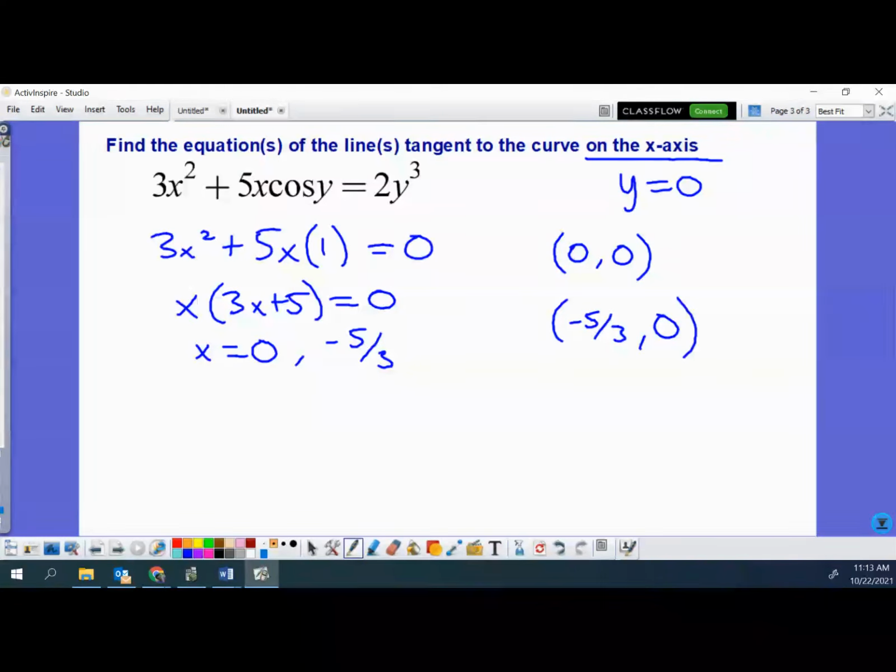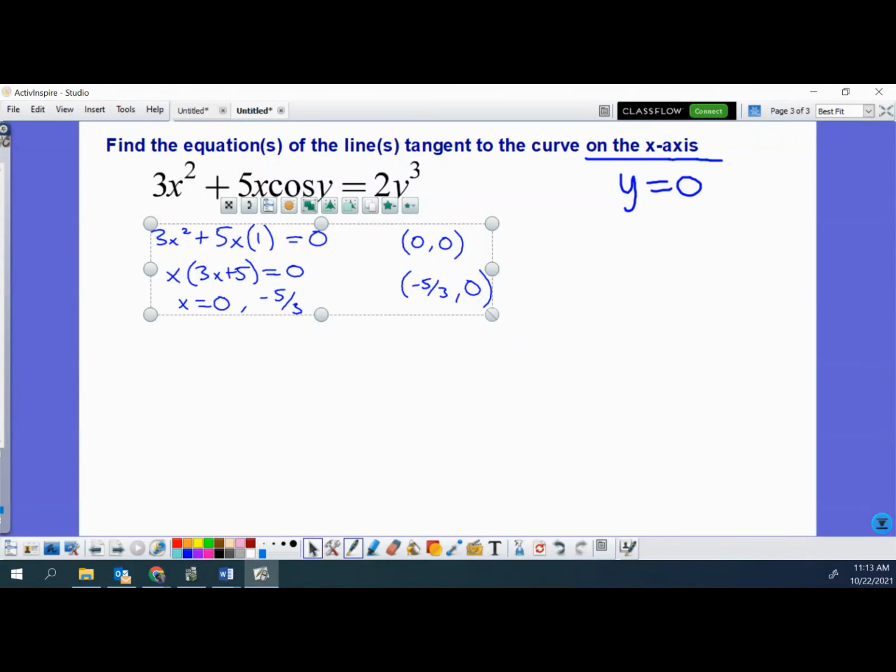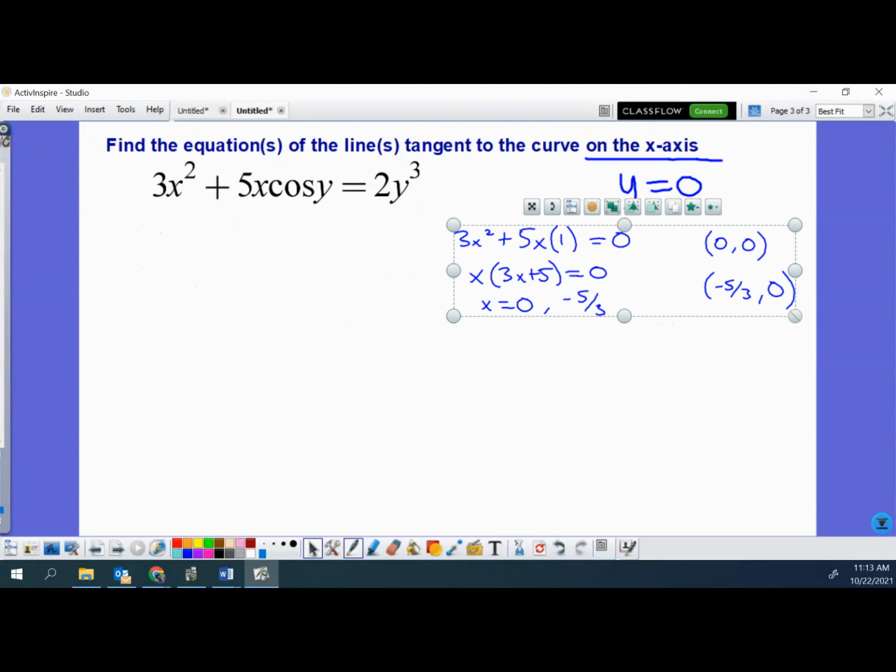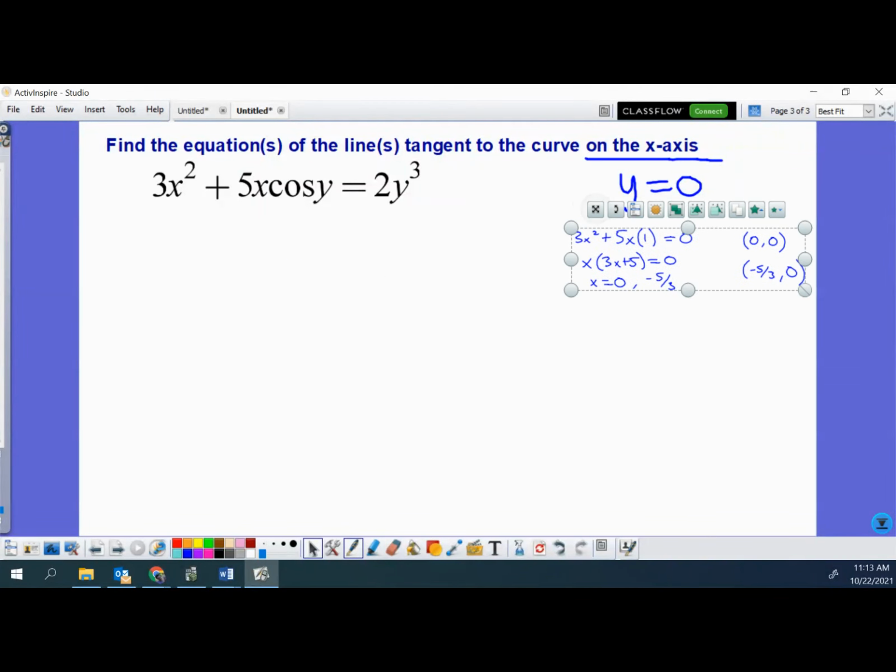I'm going to do each one separately. First, though, we do need the derivative, right? We're going to use implicit differentiation because we have x's and y's mixed together. There's no good way to isolate y. So differentiate with respect to x because we want the slope of the tangent line in the xy coordinate plane.